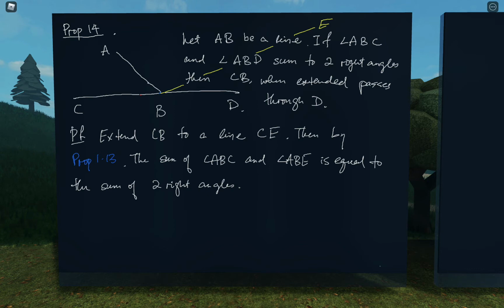So now we're going to subtract ABC from this sum, right? And since angle ABC, well, hang on, give me one sec.